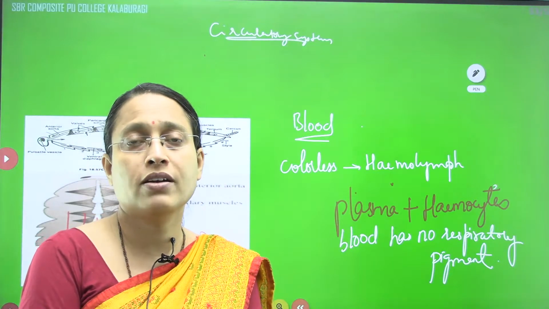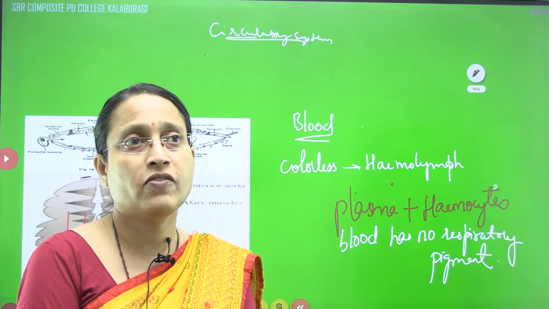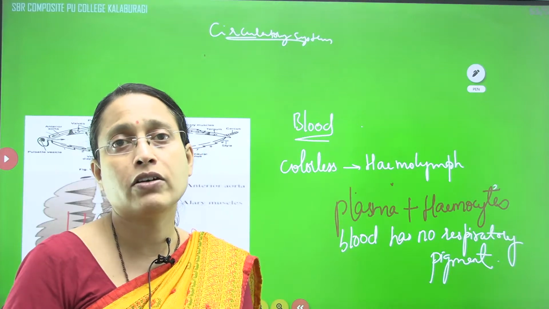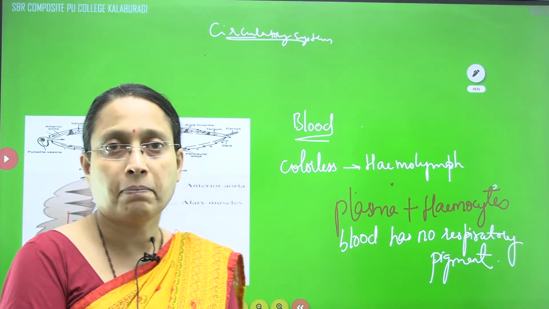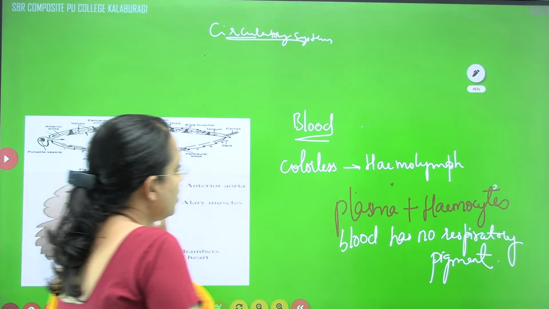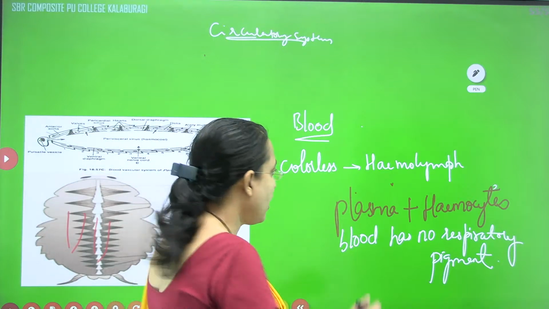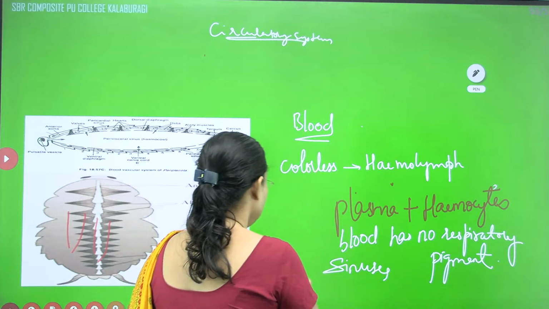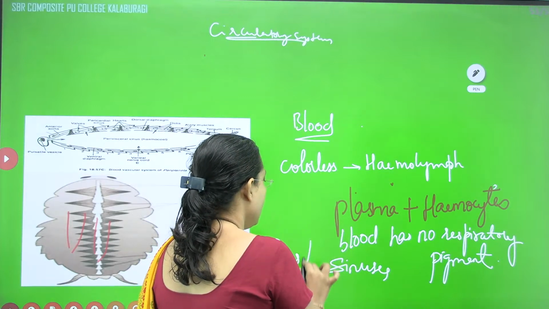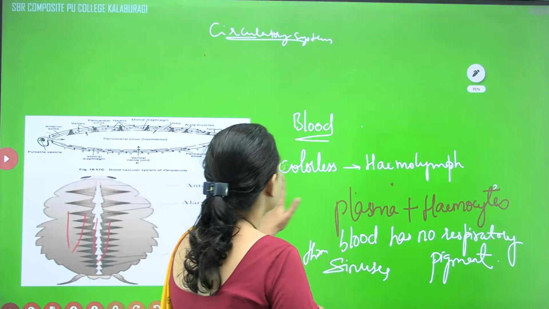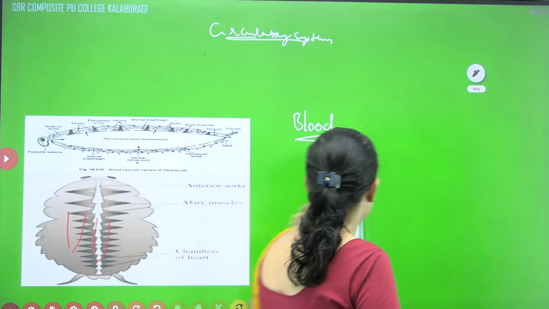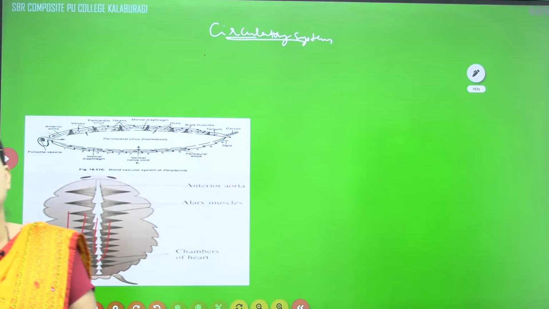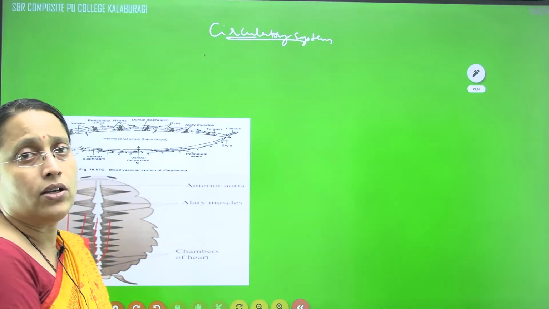Therefore, blood has no role in transport of oxygen, and transport of oxygen is solely the function of the respiratory system, where oxygen is directly given to the cells through the tracheal system. So colorless blood flows through the sinuses. This was about the blood of the cockroach.